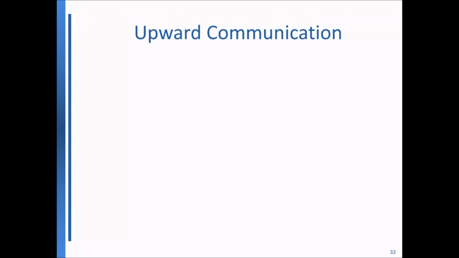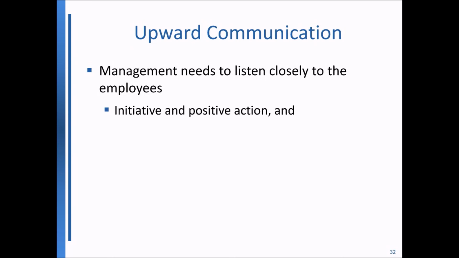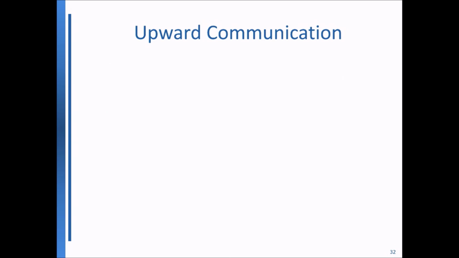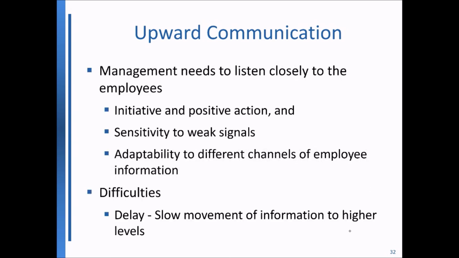It is here. Now, downward is from up to down, so that is the flow of communication. Now, how about upward communication? When we say upward communication, it is from down to up.